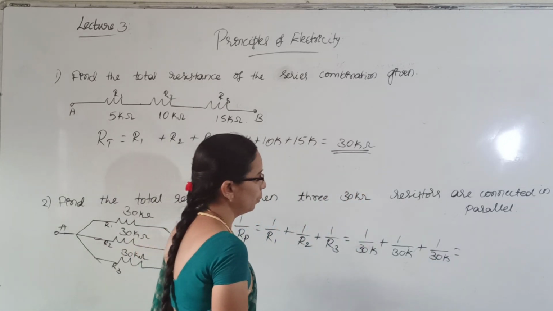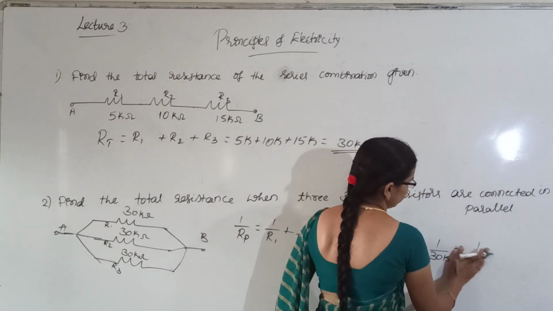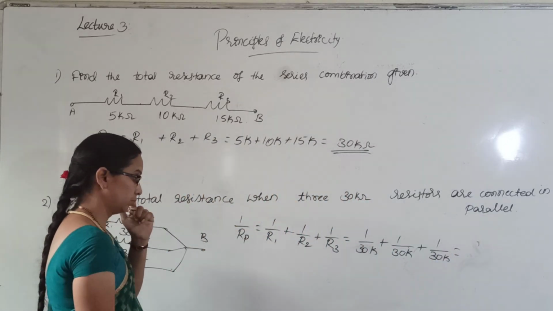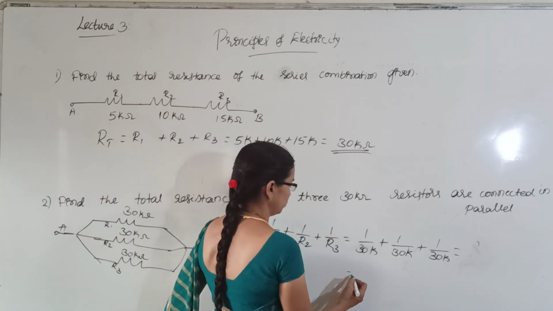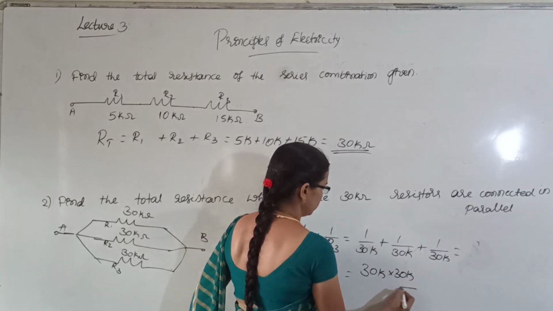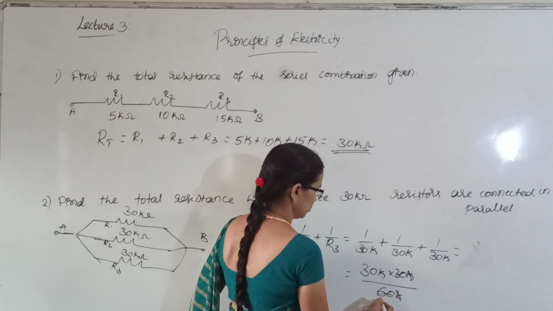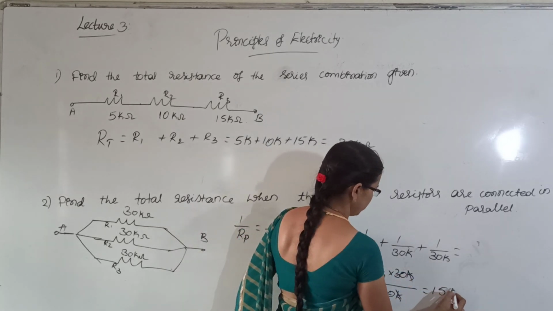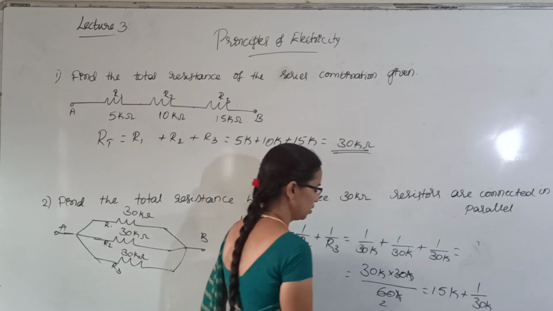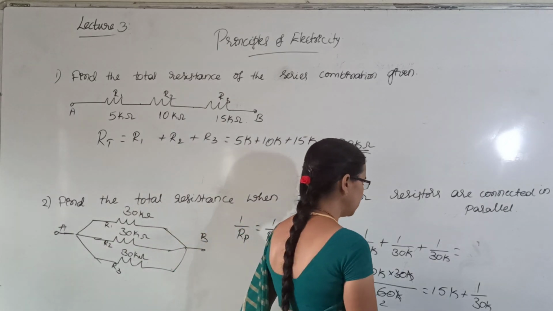Calculate it. 1 by 30, 15 kilo divided by 1 by 30, calculate it.